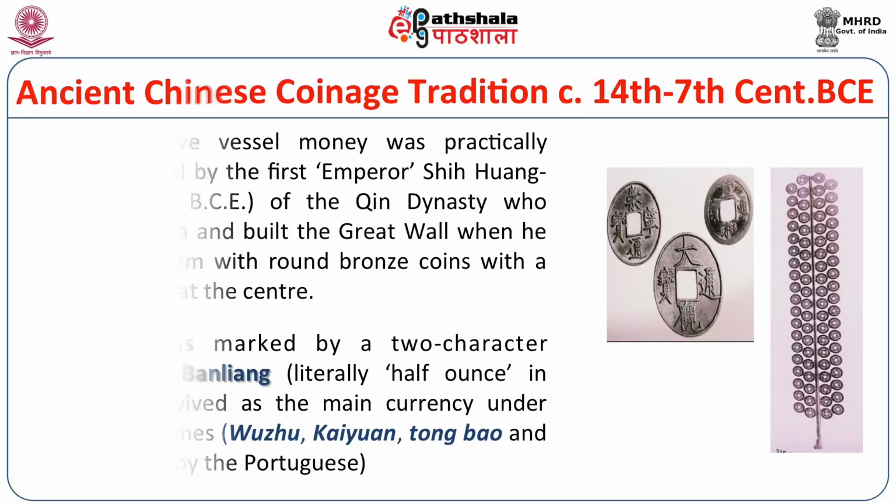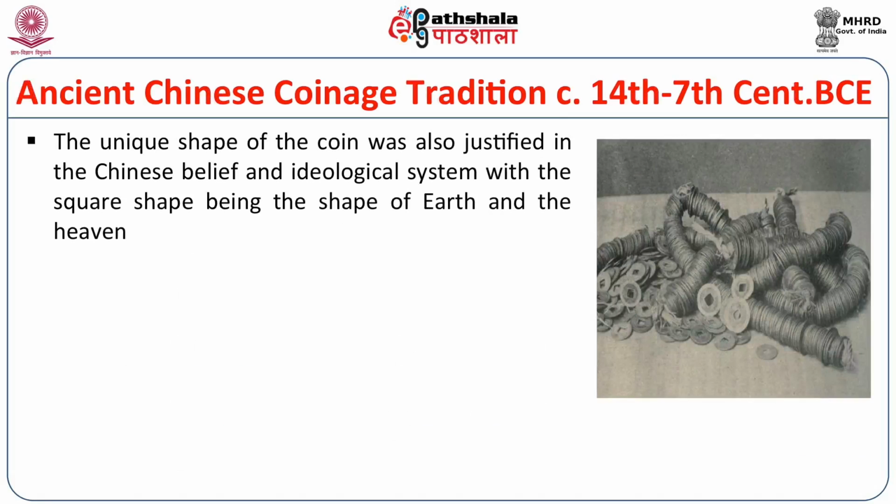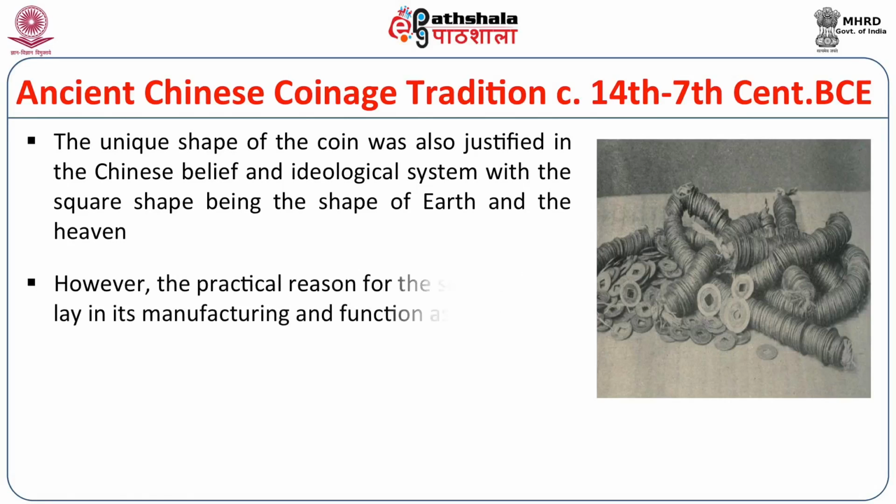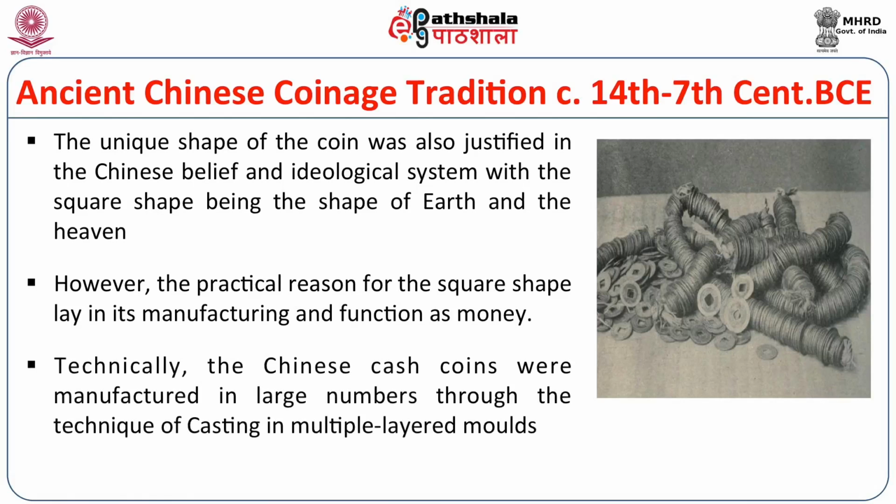The unique shape of the coin was said to be justified in the Chinese belief and ideology that the square shape represented the earth and the heaven was round in shape, hence the square hole at the center. But there was actually a practical reason for the square shape, which lay in its manufacturing technique.